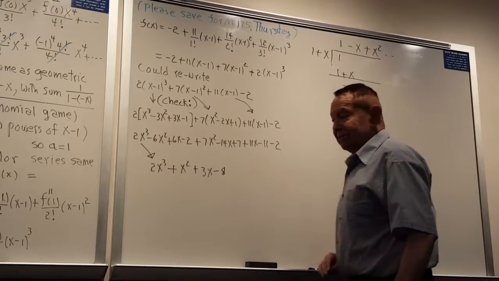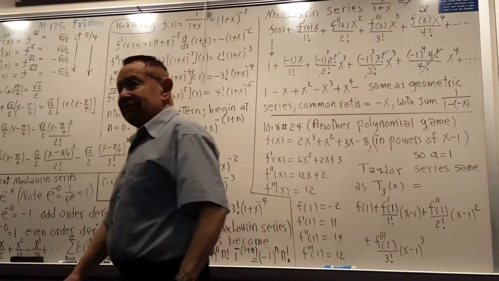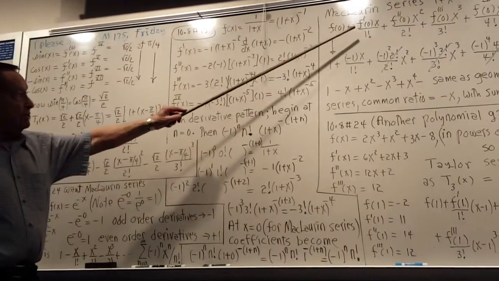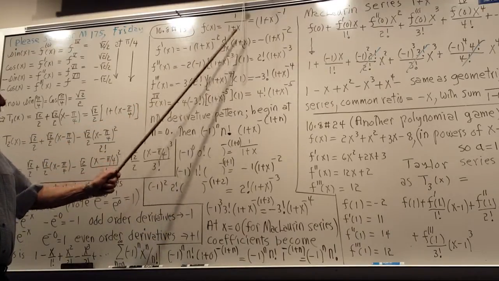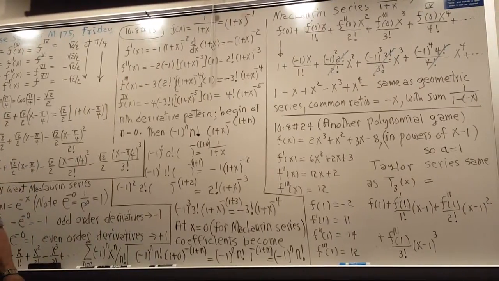You could get your series that way, which is then the geometric series for 1 over 1 plus x, or you can actually go through the derivatives thinking of this as the function of x for which you can do these derivatives, and either way you end up with the same thing.